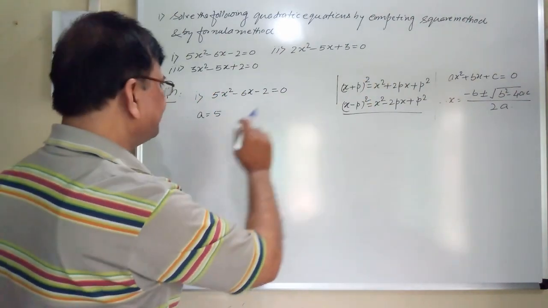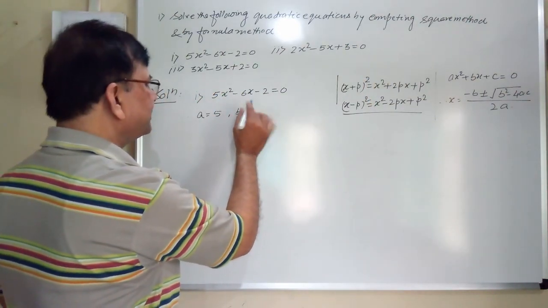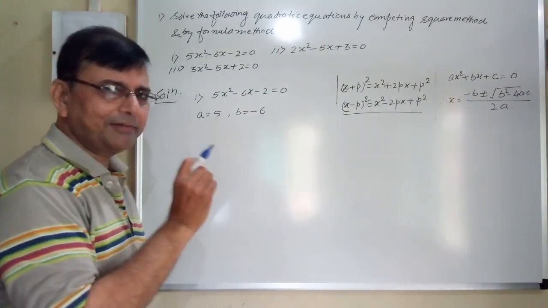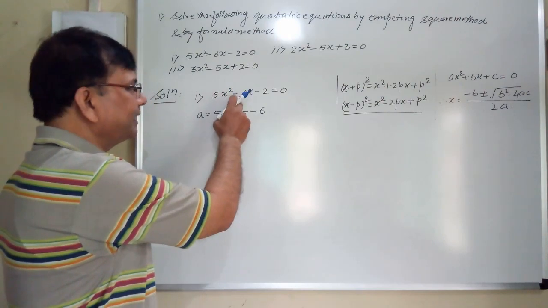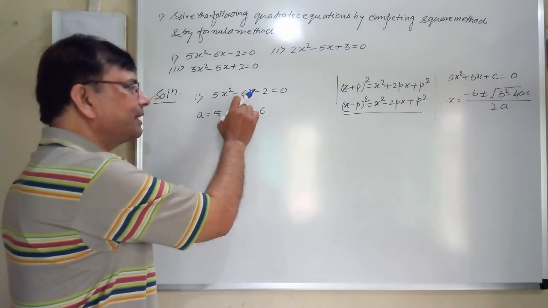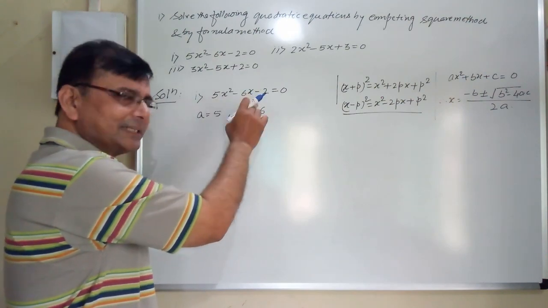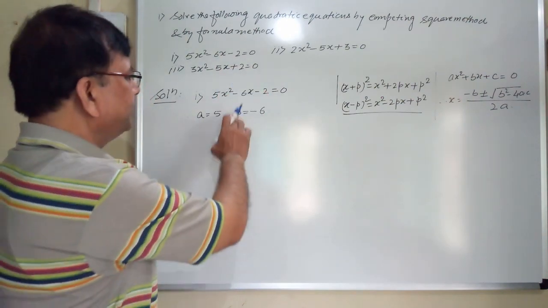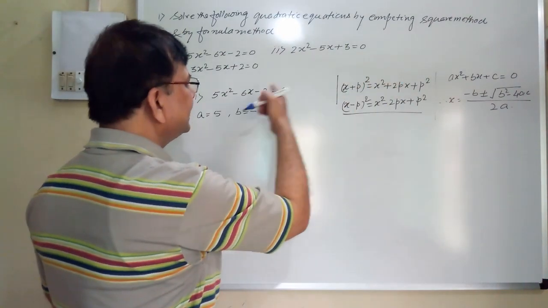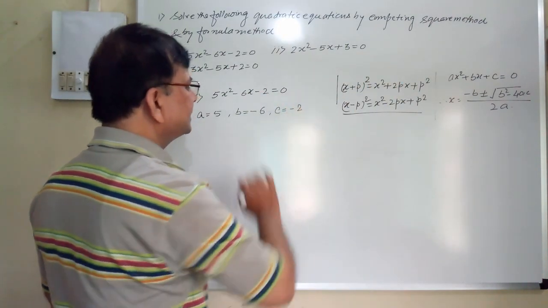The coefficient of x is b, and here the coefficient of x is minus 6. With sign I will take, because this can be written in that form, that is 5x square plus in bracket minus 6 into x plus minus 2. So b is minus 6 and c is with sign minus 2.